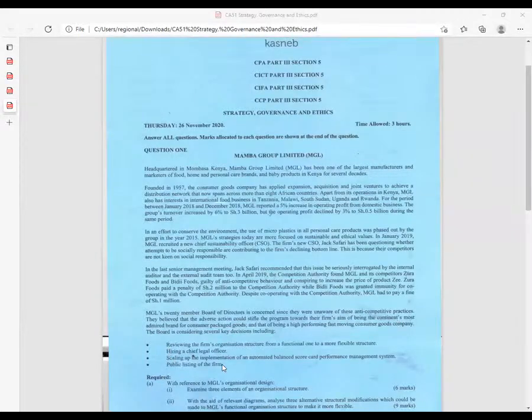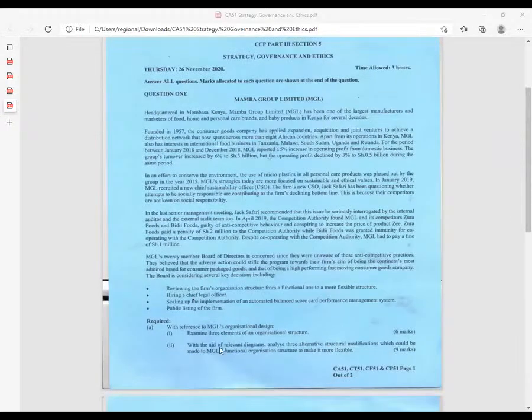So when you hear of them talking about public listing, they would want to issue shares to the public, ladies and gentlemen. Great. So with reference to MGL's organizational design, examine 3 elements of an organizational structure.